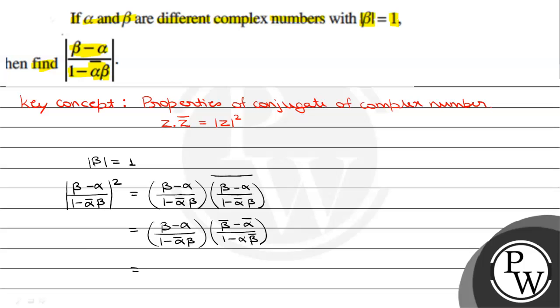In the numerator we multiply (beta minus alpha) with (beta conjugate minus alpha conjugate), and in the denominator we multiply (1 minus alpha conjugate beta) with (1 minus alpha beta conjugate). Let's find the product of these complex numbers.